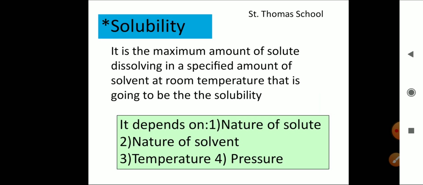So today we are going to start with the topic that is solubility. In our introductions, we have already seen that the important kind of solution is what? Liquid solution, isn't it?